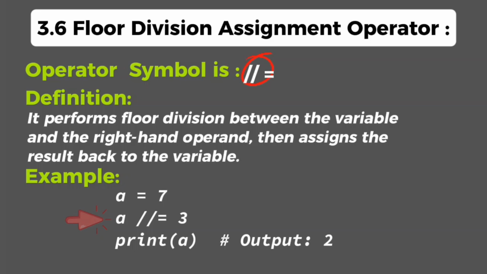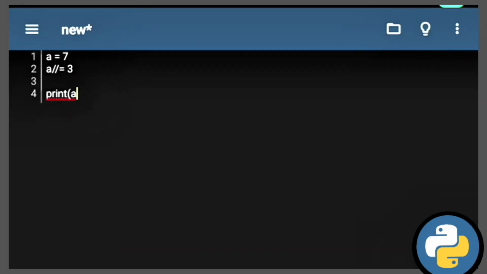Floor division means the result is rounded down to the nearest whole number. So 7 floor divided by 3 gives us 2. Finally, we print the value of a and the output is 2. Here's how Python runs this code.